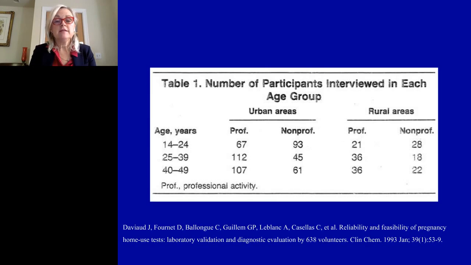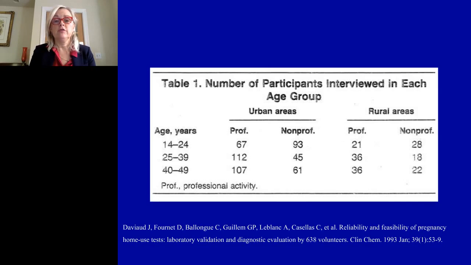So basically, the age of the women were over the reproductive years, and you can see there were 3 age groups, from 14 to 24, 25 to 39, and 40 to 49 years of age. And they wanted the study population to reflect the general population.